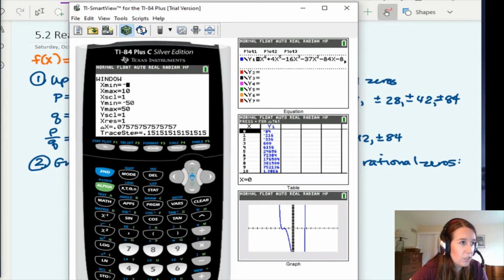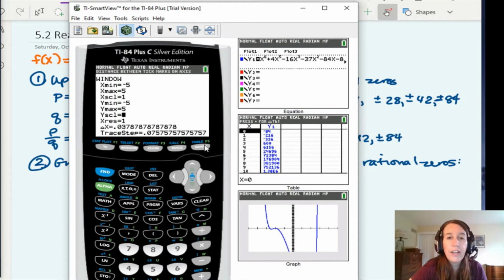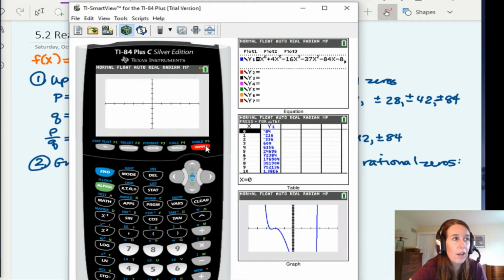I'm going to change it to negative 5 to 5 in my x window. Then just leave your x scale as 1. And for y's, I'm just going to change it to negative 5 to 5 as well, so that I can see the graph a little better. So it's just negative 5 to 5 for x and y.